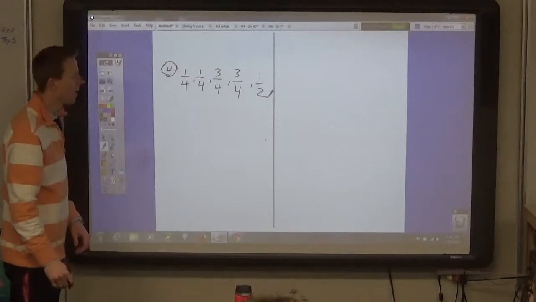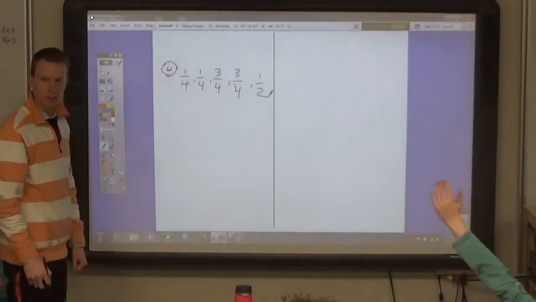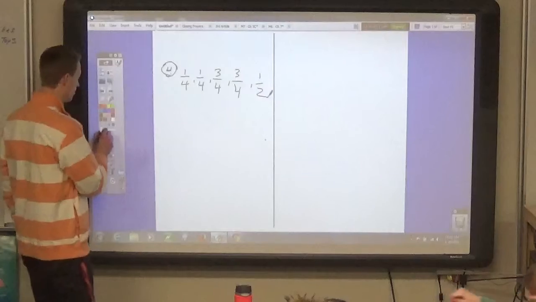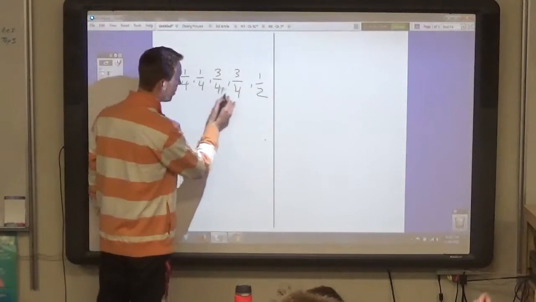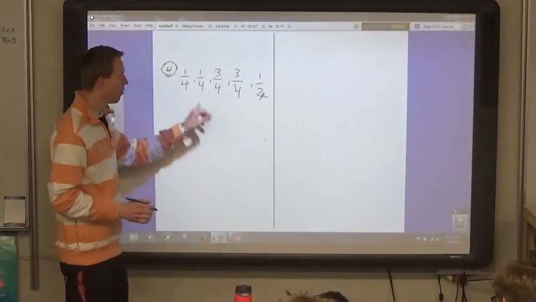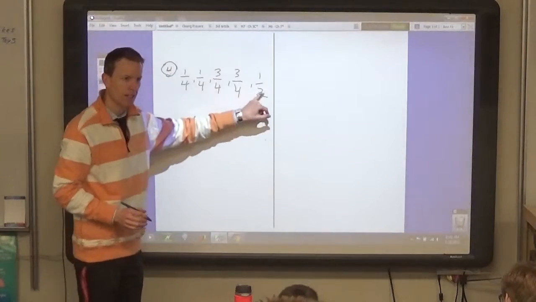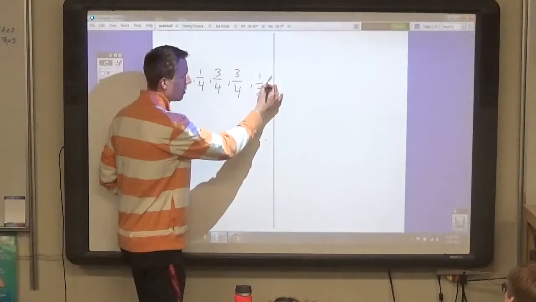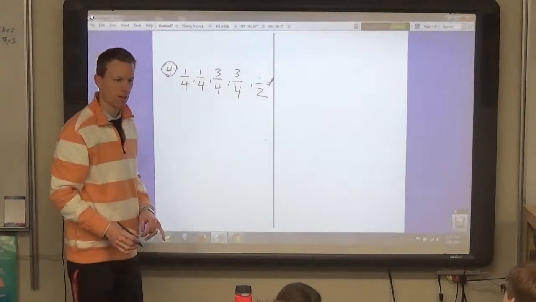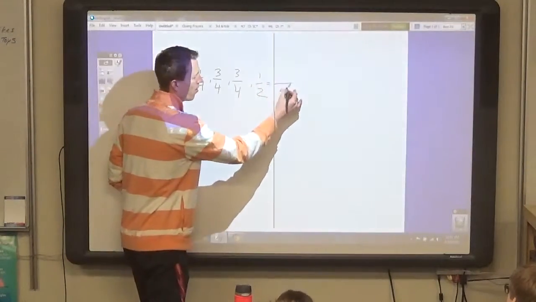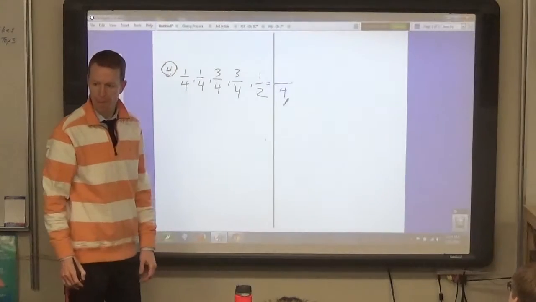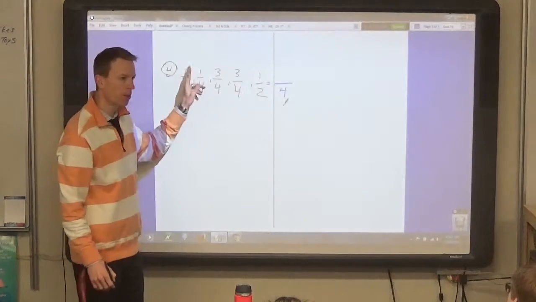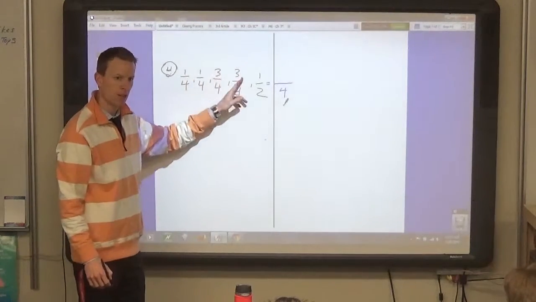Okay. Now, what do we have to do first? Put these in order. Now, in order to put them in order, we have to have them all with the same denominator, right? So, is this one the same? Or do we have to convert this to fourths? Yeah, we have to change 1/2 to fourths, and then we can put them in order by their numerators.